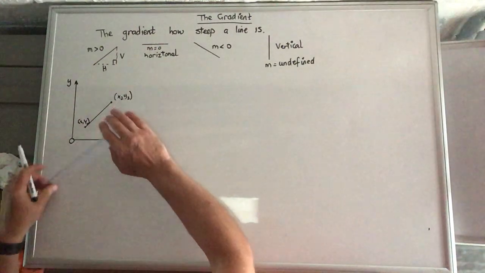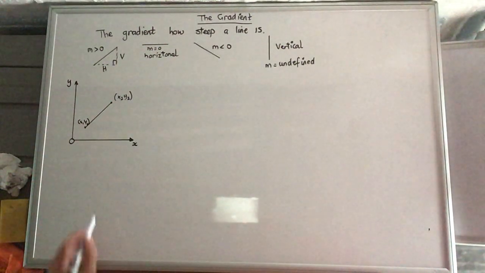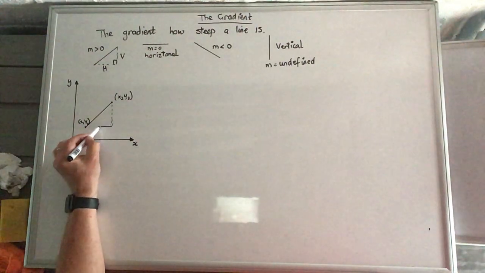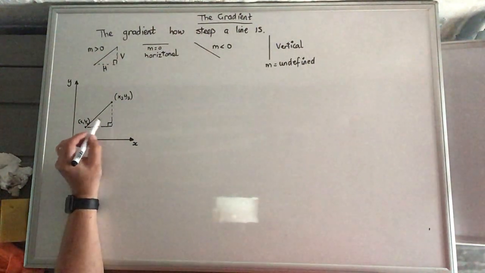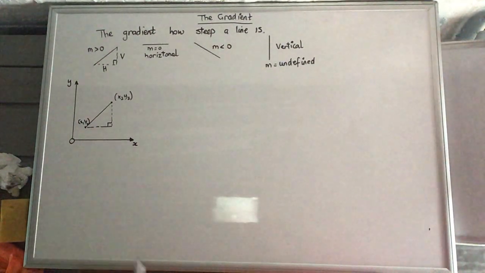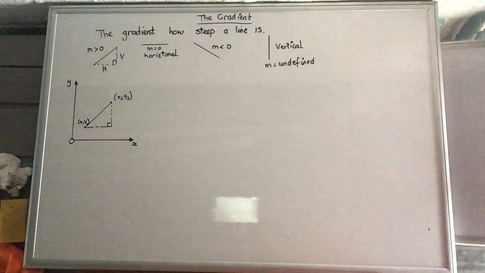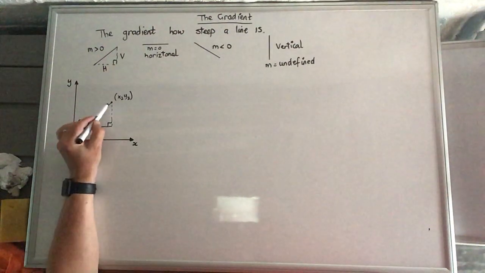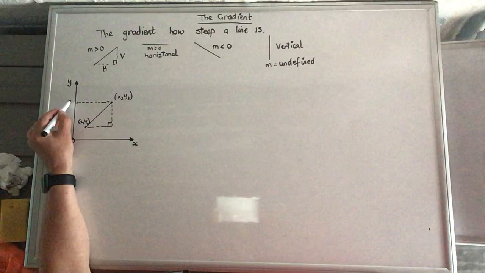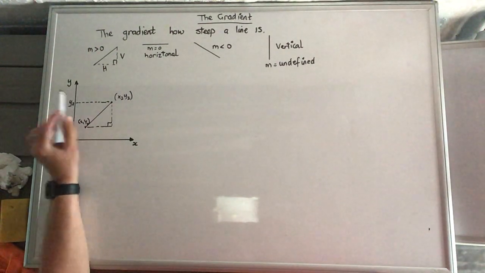So how steep's that line? Well, first step, find the triangle, the right angle triangle. So we have to work out this vertical height here and this horizontal distance. So from coordinate work before, you should know if I put a horizontal line along here, this is the y coordinate and it's y2.